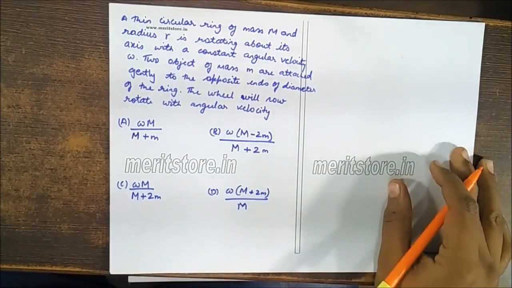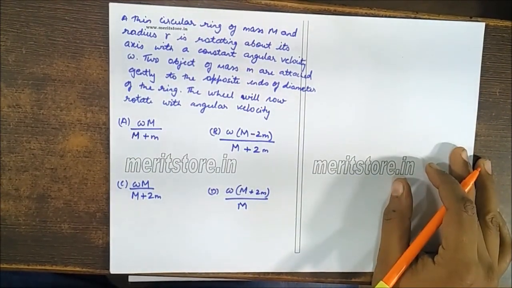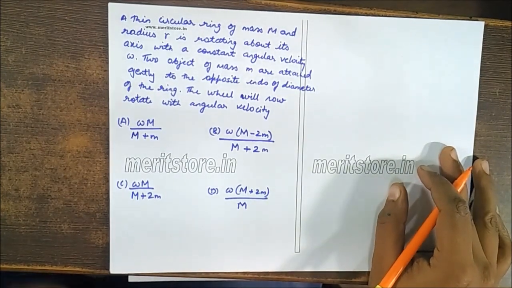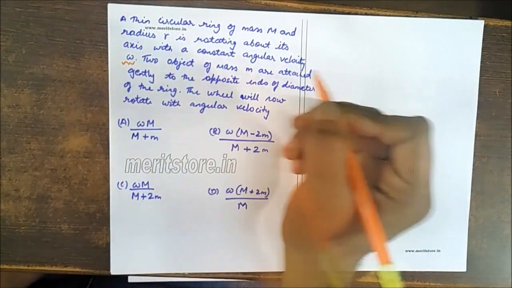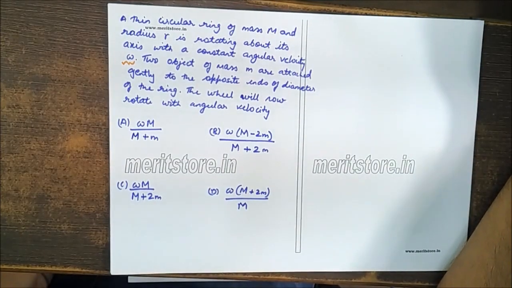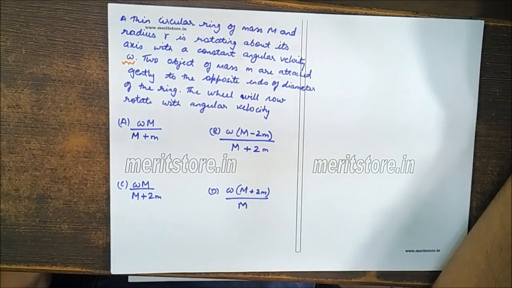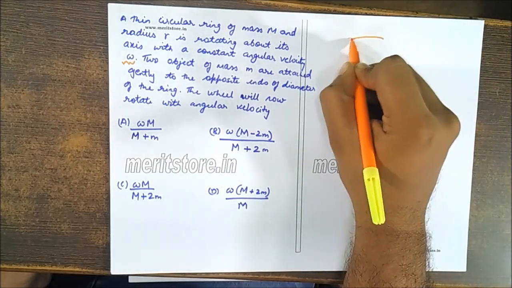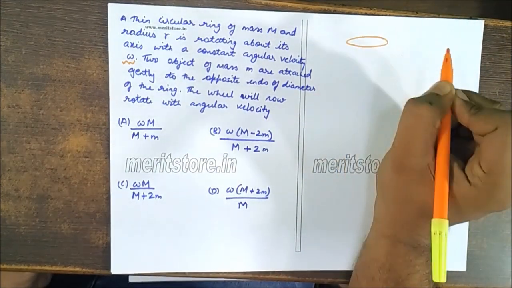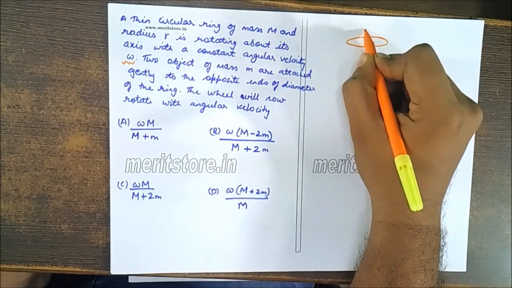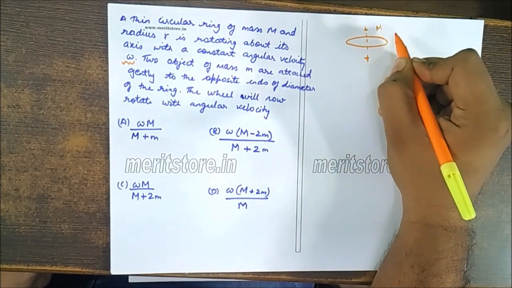Now the next question is, a thin circular ring of mass m and radius r is rotating about its axis with a constant angular velocity omega. Two objects of mass m are attached gently to the opposite ends of the diameter of the ring. So this is my ring initially, of mass m.